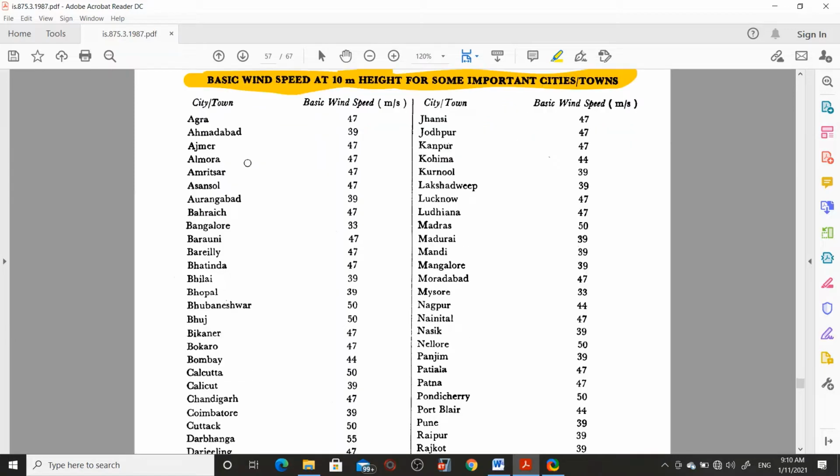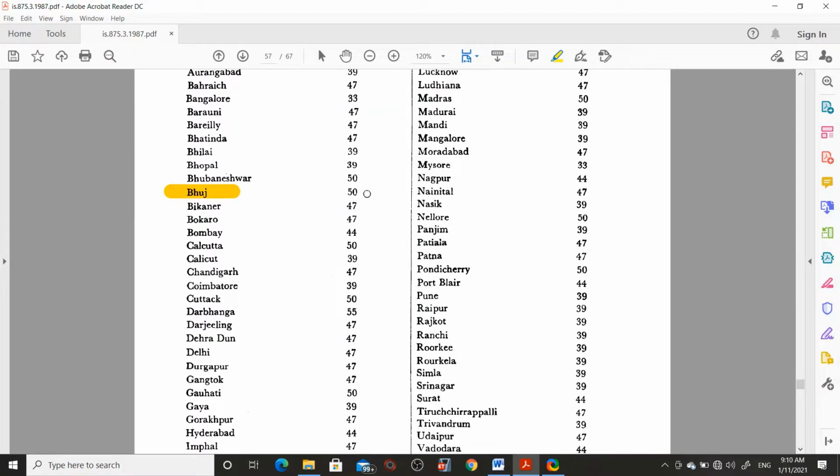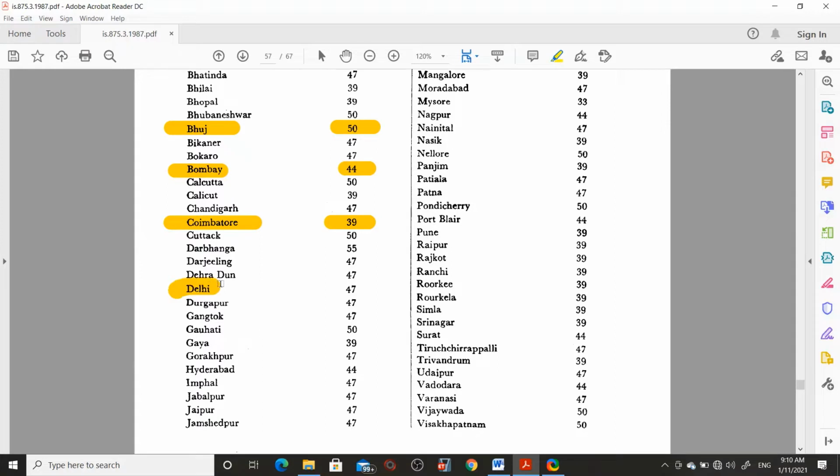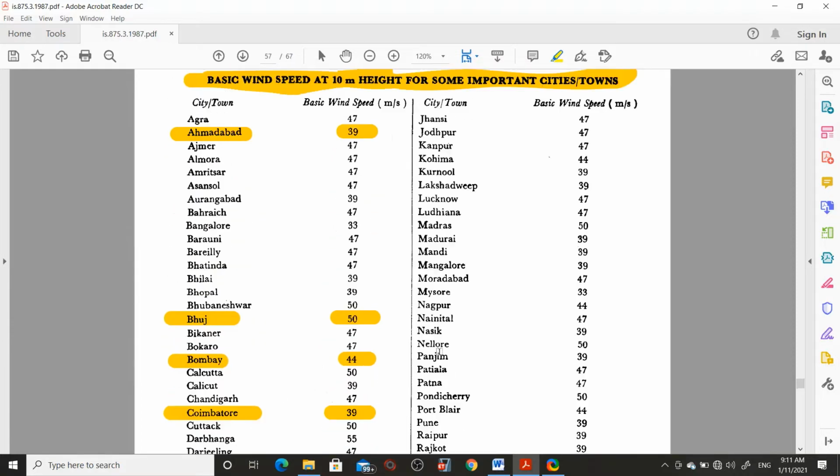You can see here is Ahmedabad, basic wind speed 39 meter per second. Here is Bhuj, basic wind speed 50. Bombay 44. Coimbatore 39. Delhi 47. Hyderabad 44. Jaipur 47. Right? Jhansi 47.